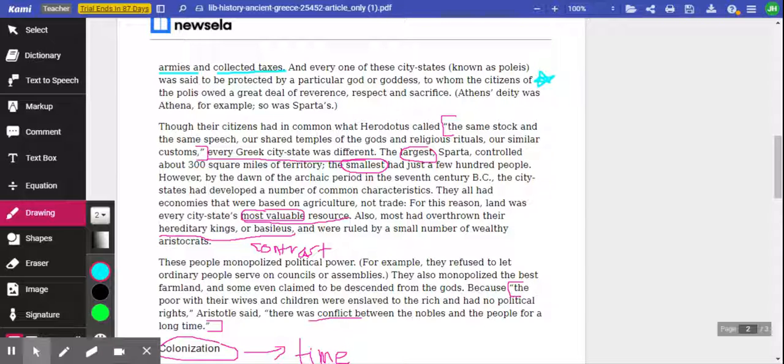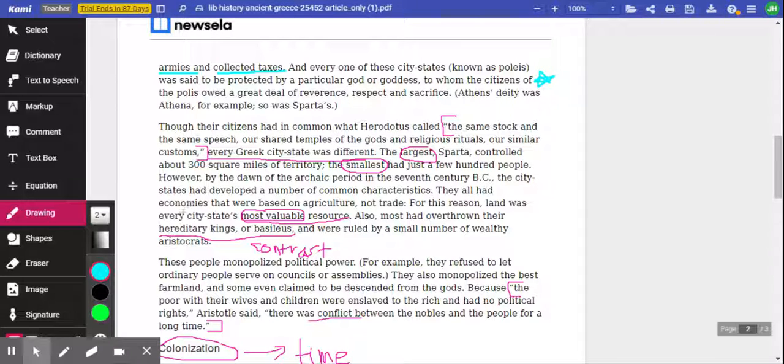However, by the dawn of the Archaic period in the 7th century BC, the city-states had developed a number of common characteristics. They all had economies that were based on agriculture, not trade. For this reason, land was every city-state's most valuable resource. Also, most had overthrown their hereditary kings or basileus and were ruled by a small number of wealthy aristocrats.